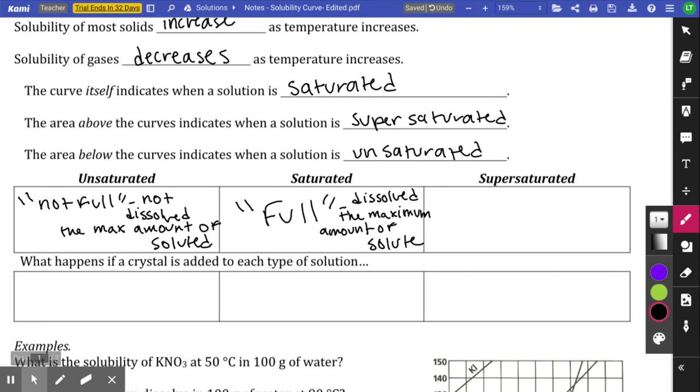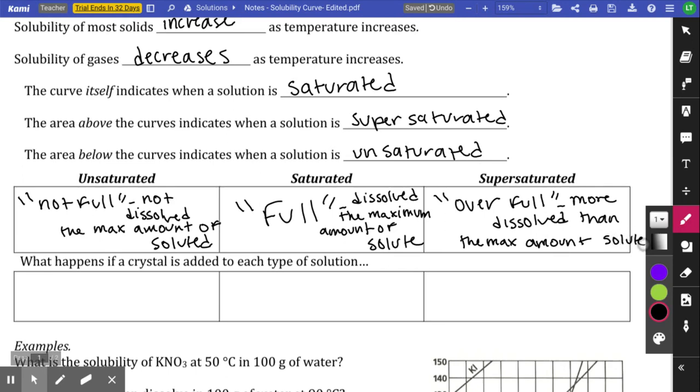Okay. And then supersaturated is what we would call overfull. So in a supersaturated solution, there is more dissolved than the maximum amount. So you may be asking, well, how does that work?